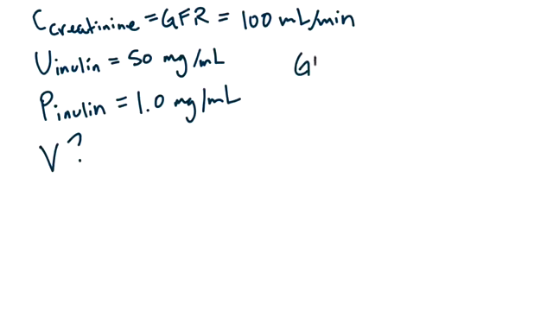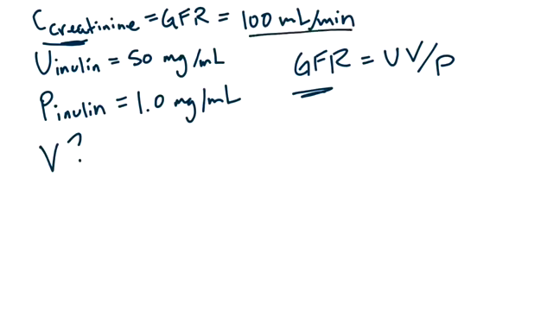Remember that GFR equals UV over P. The clearance of creatinine was given to us, and we know that this is a good estimate of GFR. So we can conclude that GFR is 100 milliliters per minute.